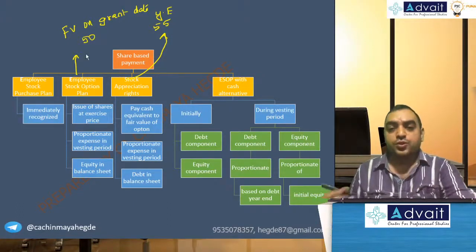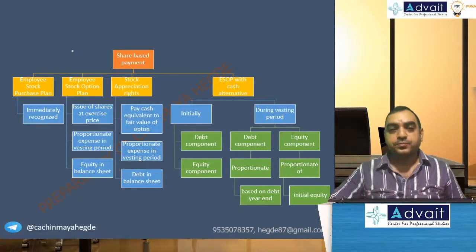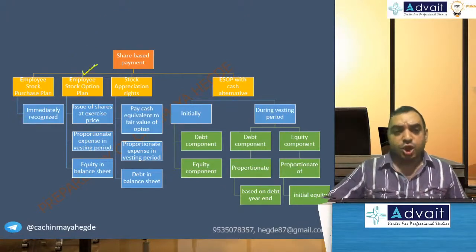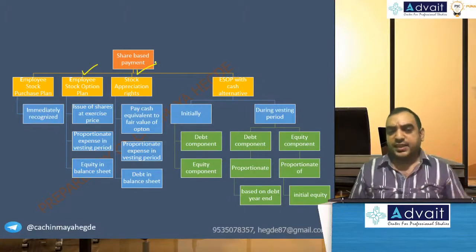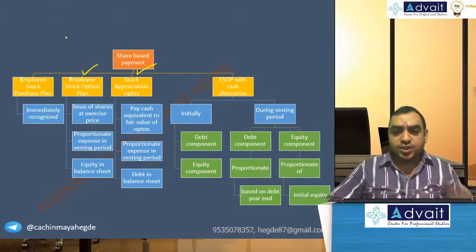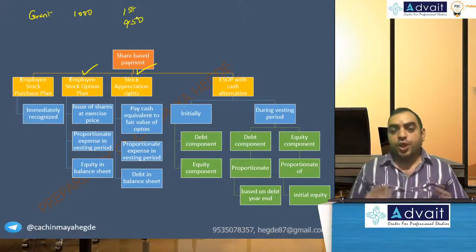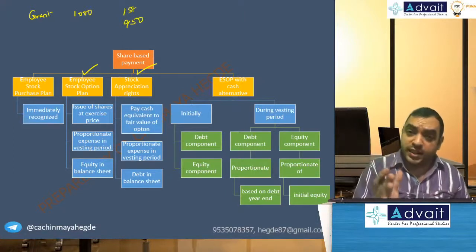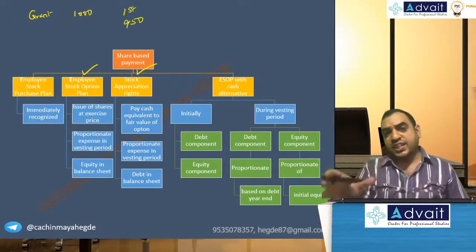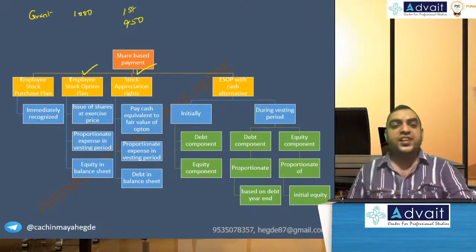Okay, now coming to the computation part. Let's take either stock option or stock appreciation right. As on the grant date, 1,000 employees were there, and at first year end, 950 employees were there. Now, should you take 1,000 employees and recognize expense for them, or 950 employees?